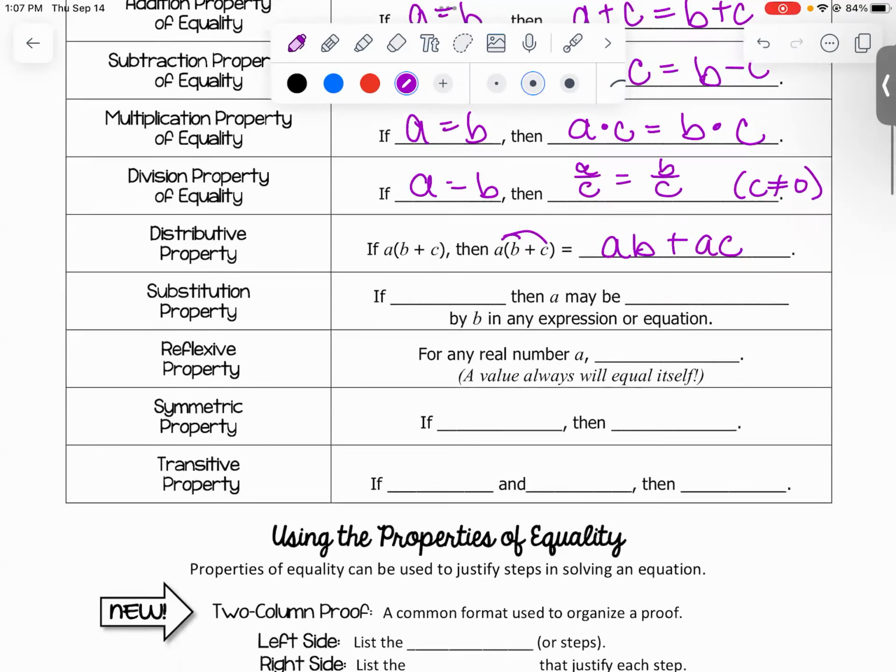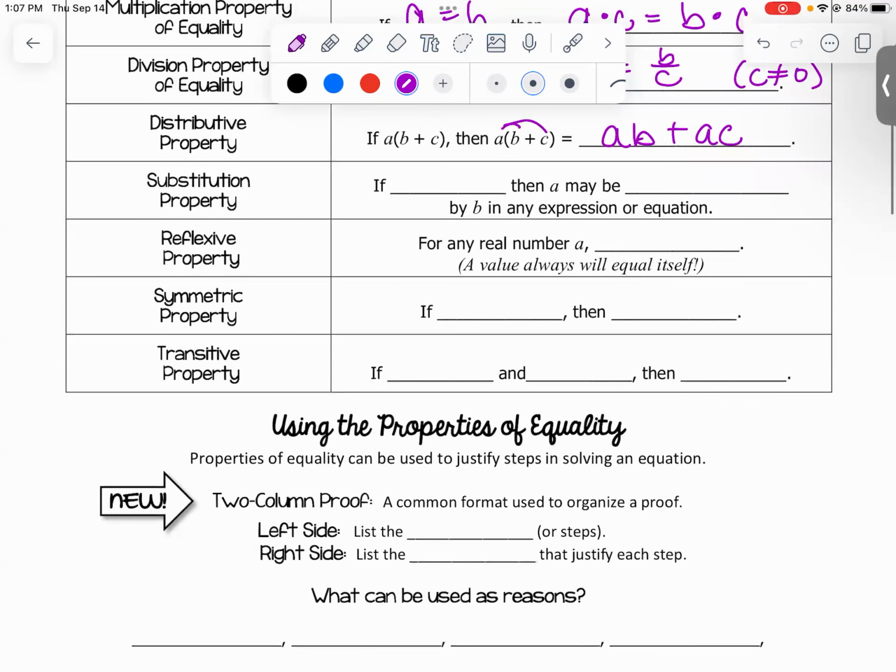Remember, because the A goes to the... Okay. Now the substitution property. If A equals B, then A can be replaced by B in any expression or equation.